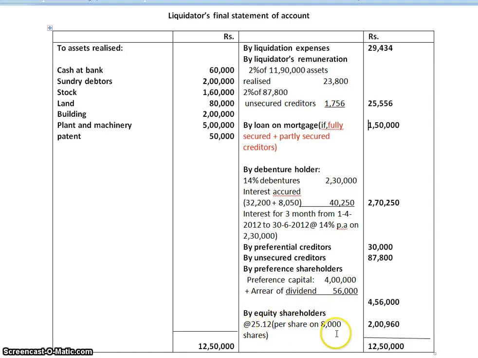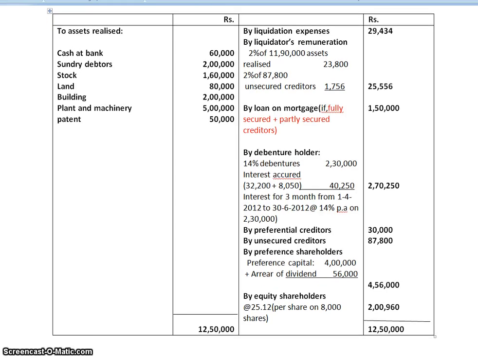Since there were 8,000 equity shares in total, they are getting 25.12 rupees per share. So this is the amount that they will receive. I hope this is clear. If you have any doubt, please let me know in the comment section.